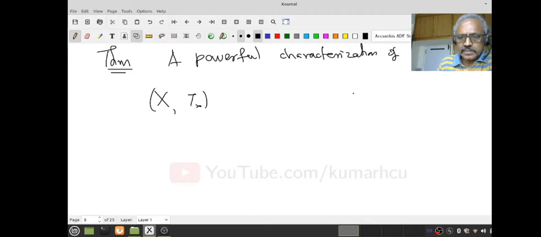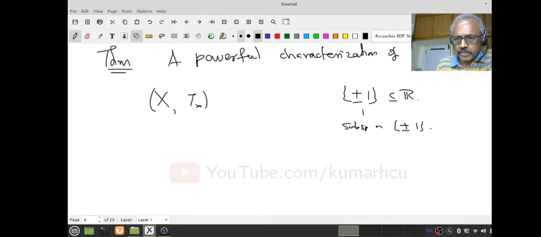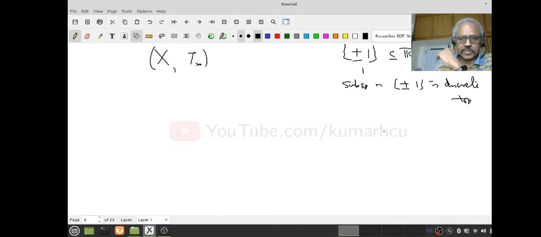Let us look at the set {plus or minus 1} as a subset of R with the usual topology. Therefore the subspace topology on {plus or minus 1} is the discrete topology. Keep all these things in mind.